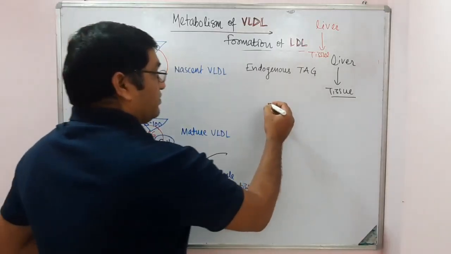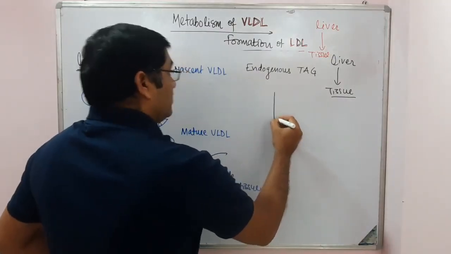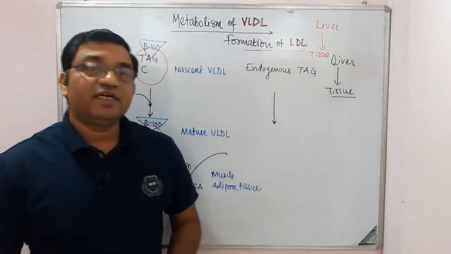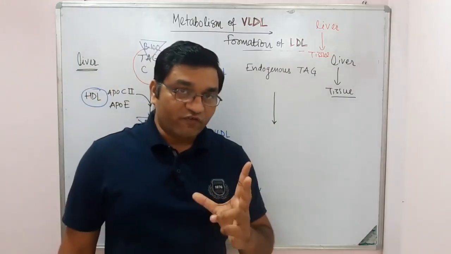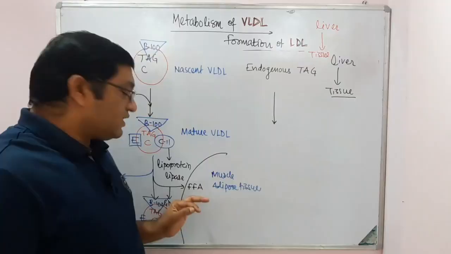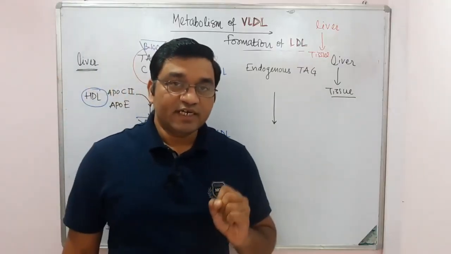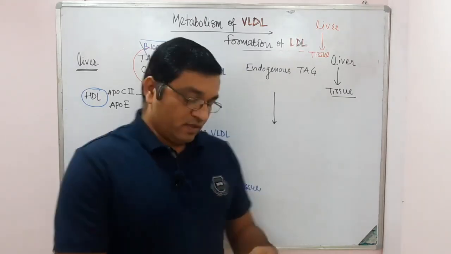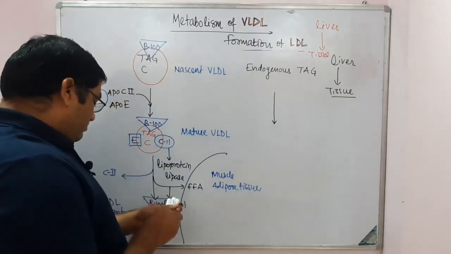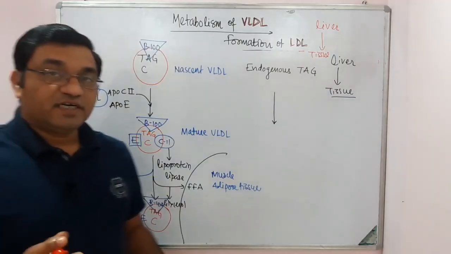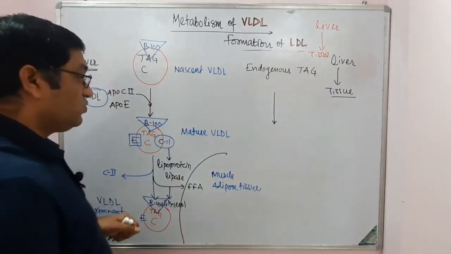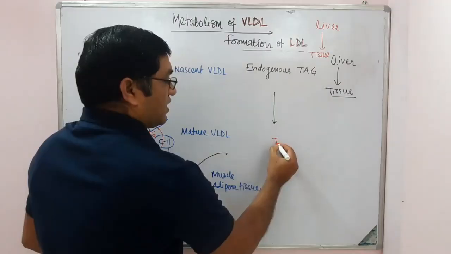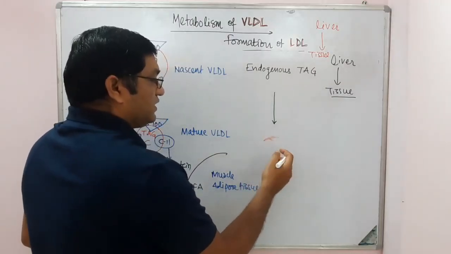Now the fourth step in the metabolism is formation of LDL. This IDL, intermediate density lipoprotein, has two fates. The first is that it is taken up by the liver by receptor mediated endocytosis, and the second is that it is converted into LDL. So this is the structure of LDL.